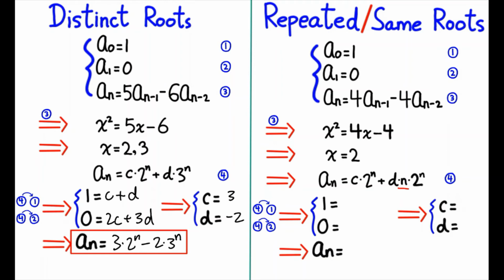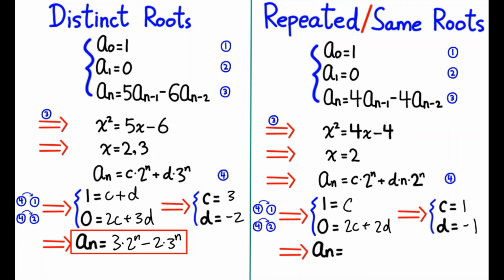So now we can do the same thing as before by substituting the values of 0 and 1 into these equations over here. We get that 1 is equal to c, and 0 is equal to 2c plus 2d, making it so that c is equal to, well, still 1, and d is equal to minus 1.